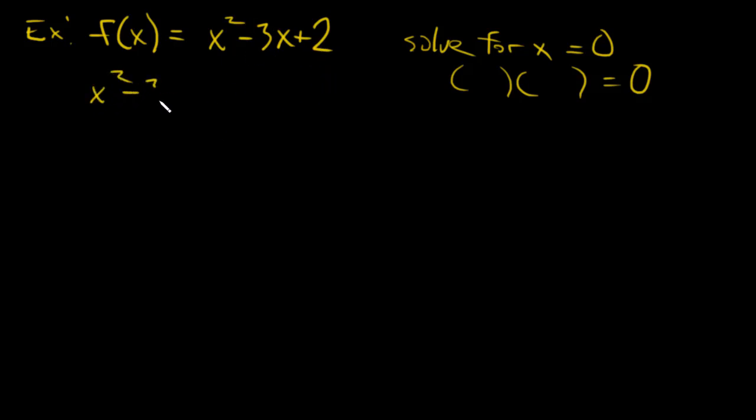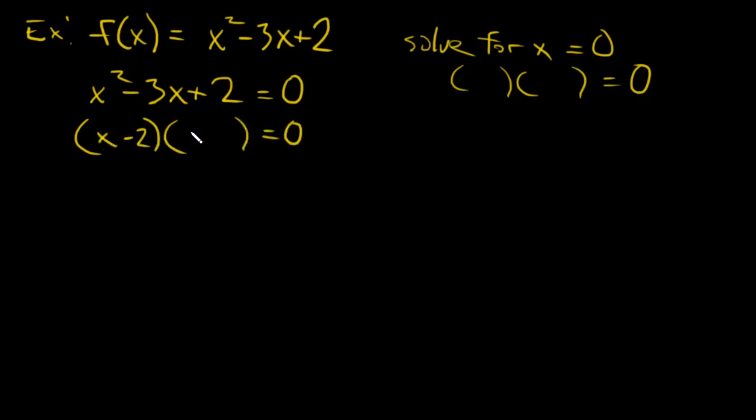X squared minus 3x plus 2 equals 0. And that's going to factor nicely into what? Well, x minus 2 times x minus 1, which means x equals 2 and x equals 1. At these two locations, when I plug the x values in, I get a y value of 0, or f of x equals 0.